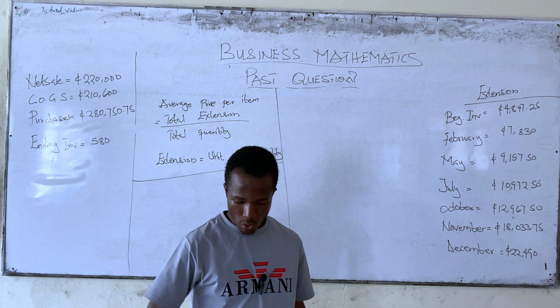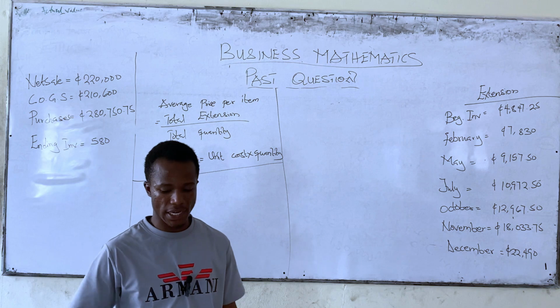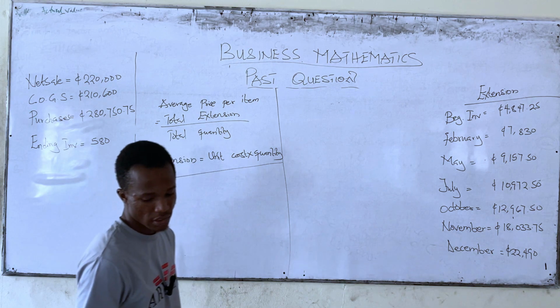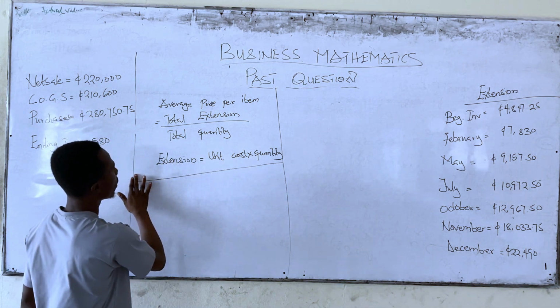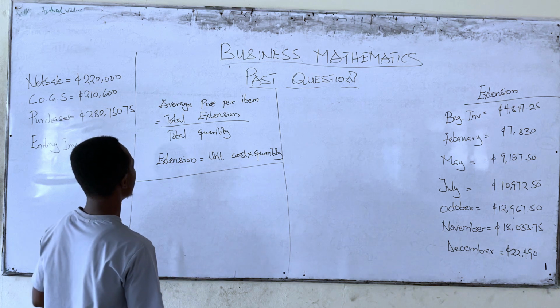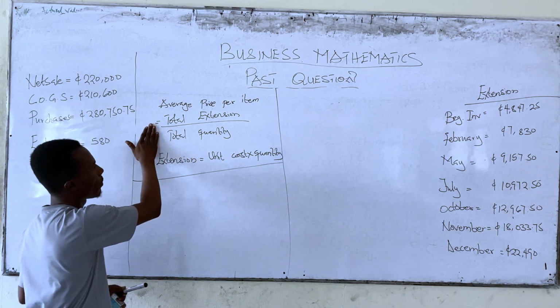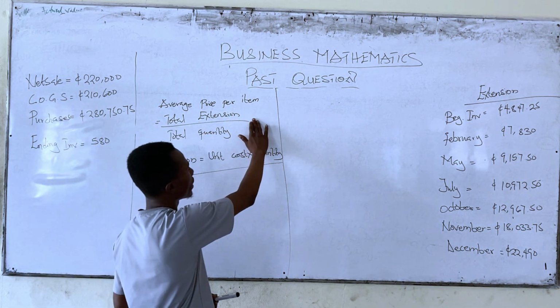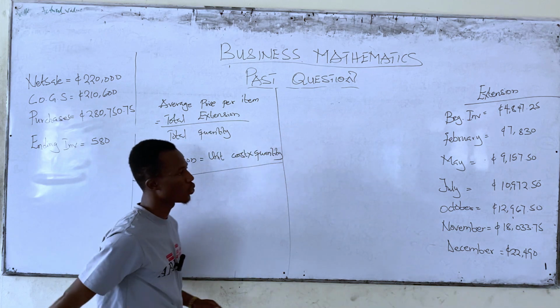What is the average price per item purchased in the period, including beginning inventory? For price per item, we need the total extension, then we calculate the total quantity.